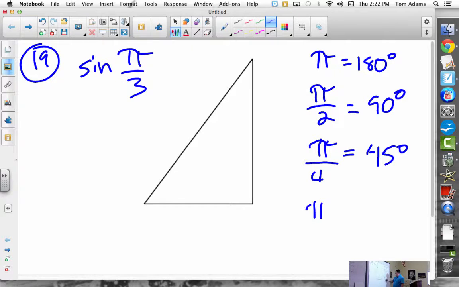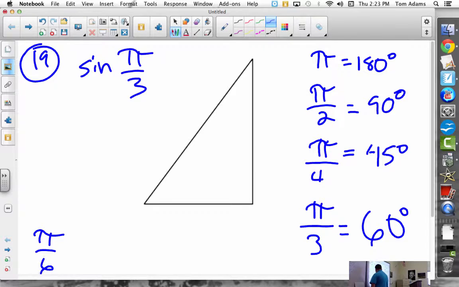And if you take 180 and divide it by 3, you get 60 degrees. And there's another one, which is 30 degrees. Pi over 6 is equal to 30 degrees. And you'll memorize those eventually.